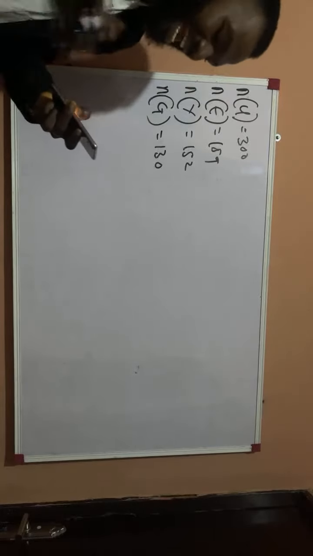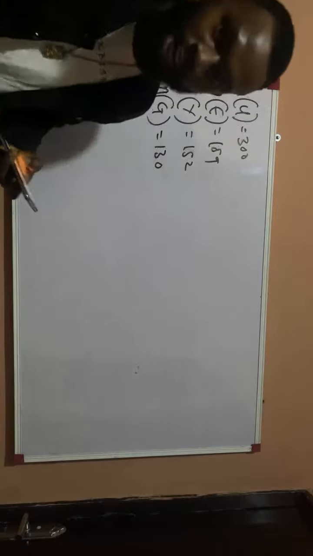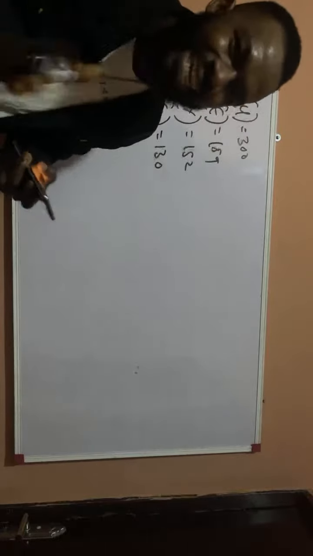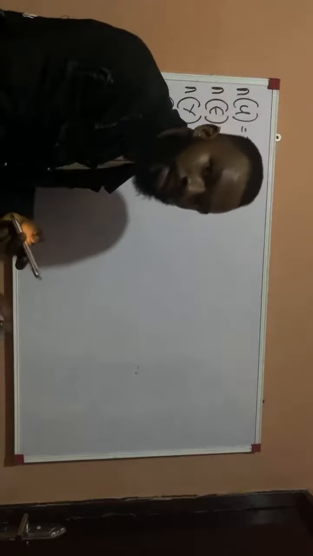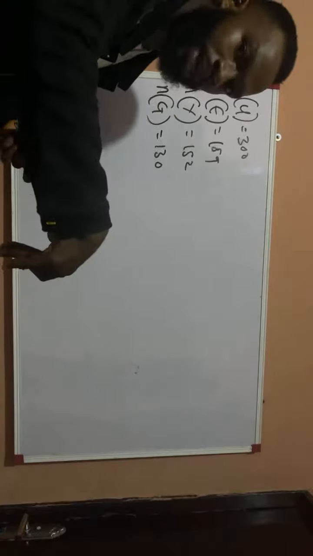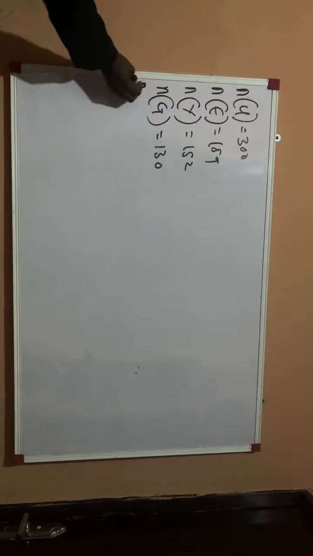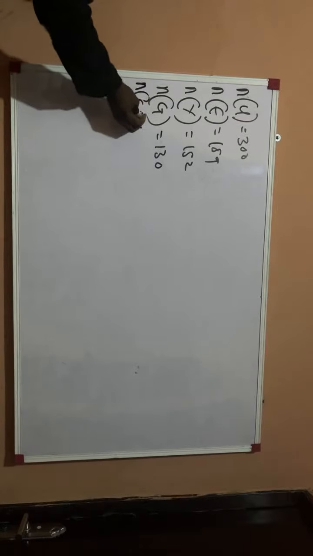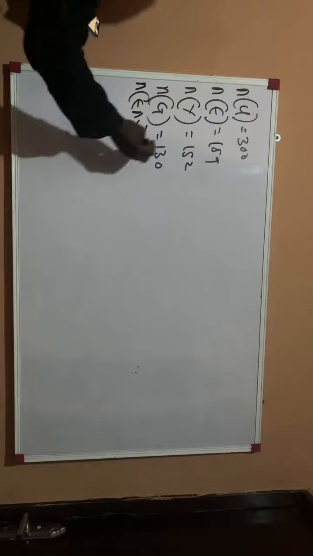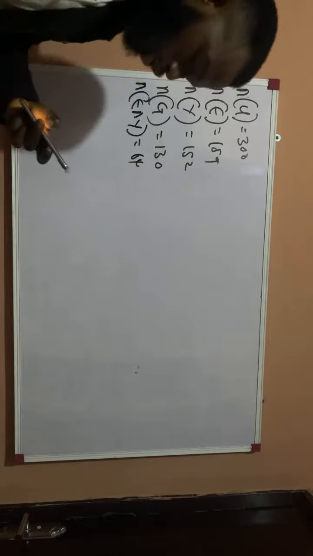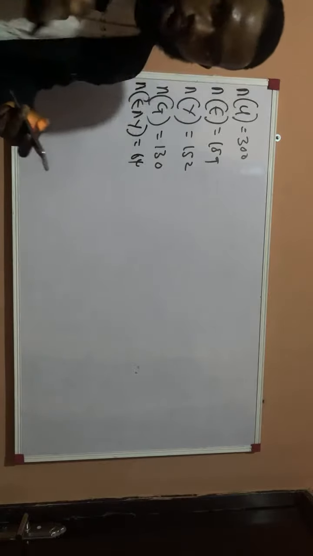Now, the question continued. If 64 liked Efik and Yoruba, there is a difference between liking Efik and Yoruba and liking Efik and Yoruba only. There are 2 different things. We explained it from the beginning of the class. So, if 64 liked Efik and Yoruba, the number of Efik and Yoruba is 64, and 72 liked Efik and Guape.